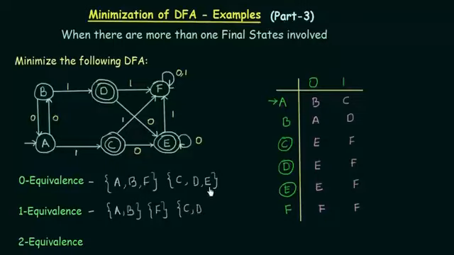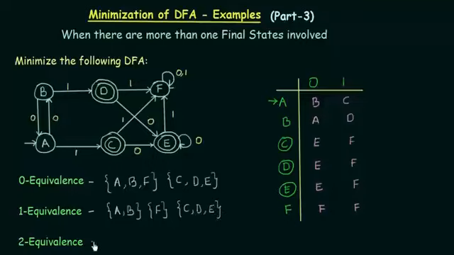Now let me check if E is one equivalent to C and D. So let me just check E with D. You can check it with C also, but let me just check it with D. D and E, on input 0 go to E, the same state. On input 1 they go to F and F, again the same state. So D and E are also one equivalent. That means C, D and E are one equivalent to each other. So let me put them in the same set.